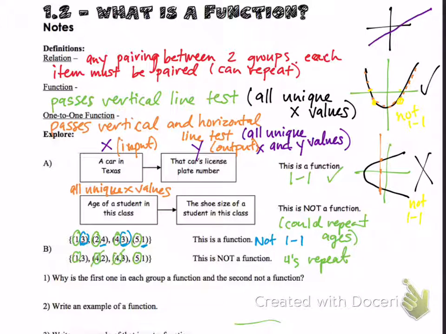The first ones have unique x values. The second ones do not. So maybe you just want to say the first examples have different x values, different x's.